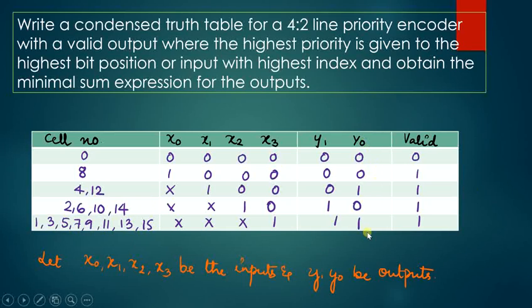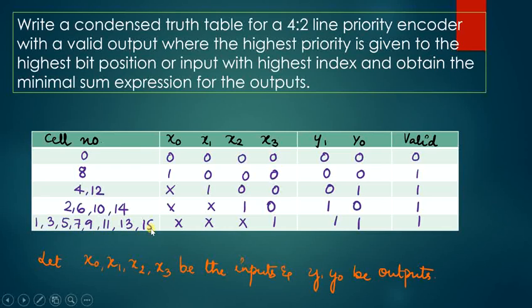Whereas if I want to simplify and find the expression for y0, I need to consider 4, 12 and 1, 3, 5, 7, 9, 11, 13 and 15. Whereas if I want to obtain an expression for validity, I have to consider 8, 4, 12, 2, 6, 10, 14 and all the elements that are present in the last cell.